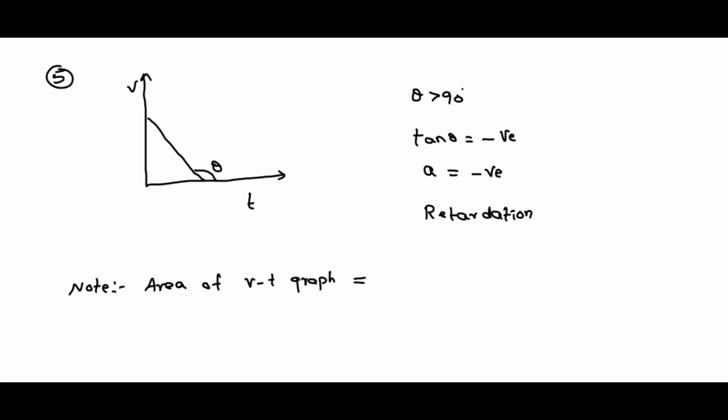If it is not like this, we can use integration also. Integral of V dt. This will give us displacement, and the displacement is also nothing but change in position.